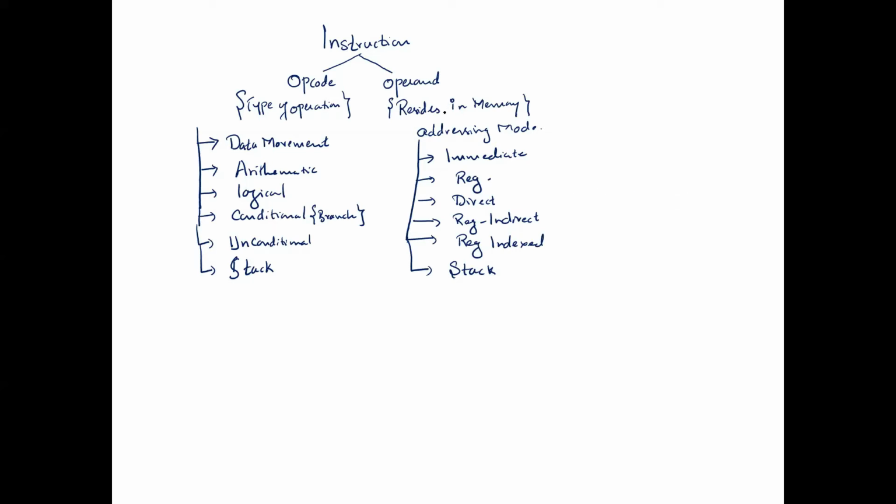Next is, how many such operand fields are available in an instruction? Depending on that, based upon the number of operands in the instruction, I will take the next page. Here, hash means number of operands. Based upon the number of operands in the instruction, we have classified the instructions into 5 categories.